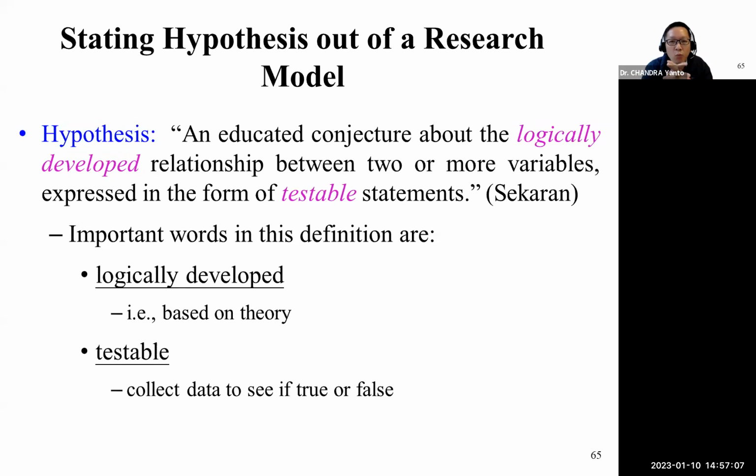And why do you need to have two or more variables? Can you just have one variable? Think about it for a few seconds. Can you just use one variable in a hypothesis? That would sound like factor X or variable X has a positive or negative relationship with nothing else.